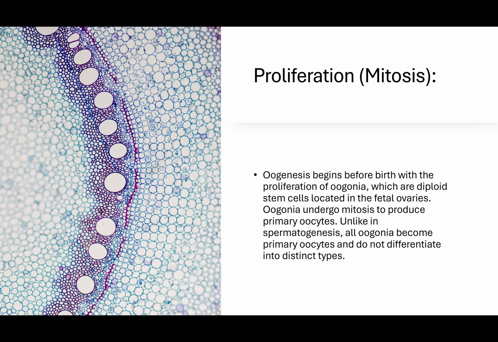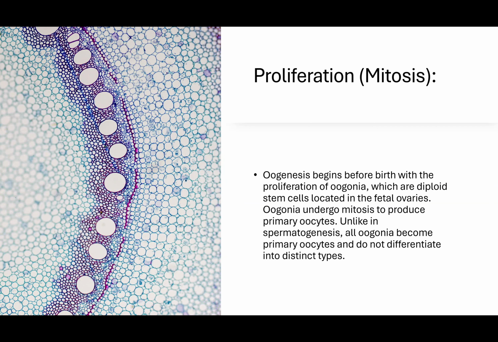In spermatogenesis, we have the spermatogonia going through mitosis to produce two, and one remains. In oogenesis, both primary oocytes actually go through the entire process.